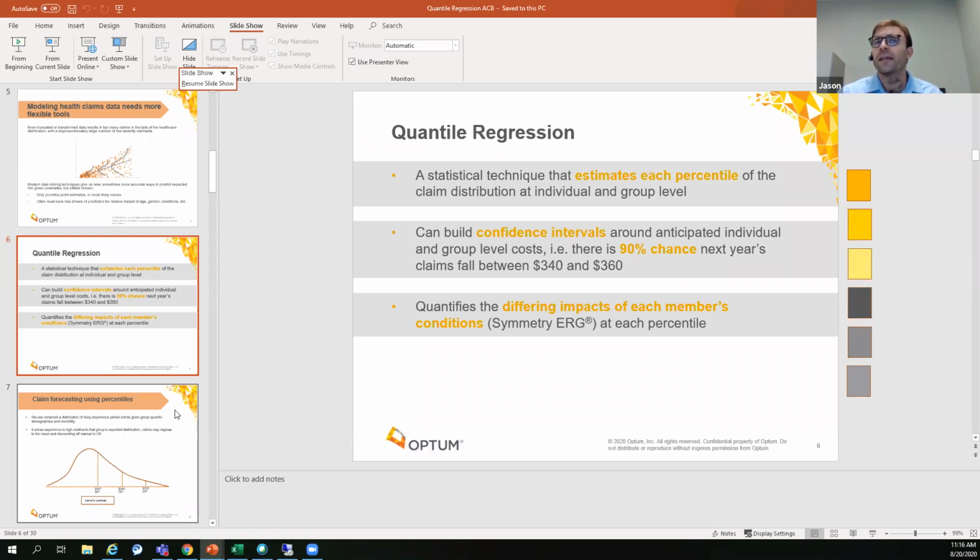But that's not really capturing the entire risk that's represented by having diabetes, because there's a lot of tail risk relative to whether your diabetes is managed well or not, right? So out there at, say, the 95th percentile or the 99th percentile, there's a lot of information about what's going on for those very high-risk members that's not captured by a risk score or just looking at the actual expected costs, or the average costs for those members that you have with diabetes. So you want to be able to quantify those risks in the tail.